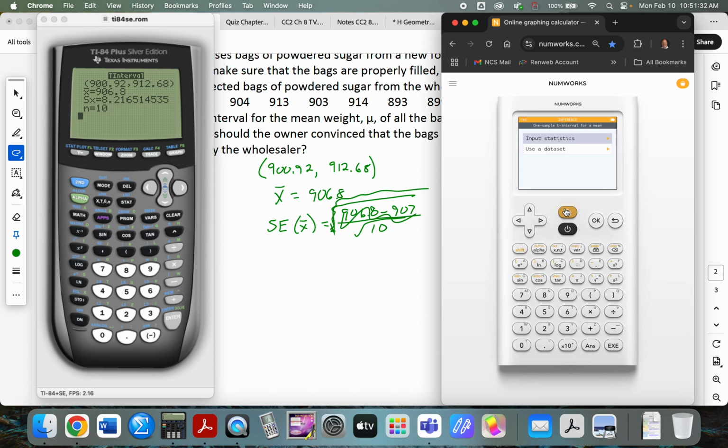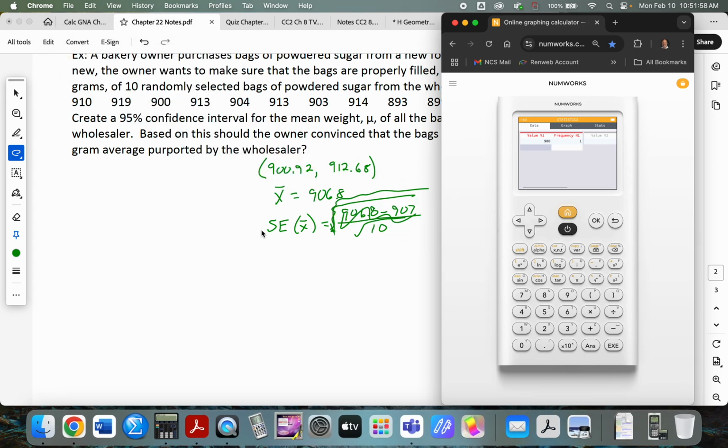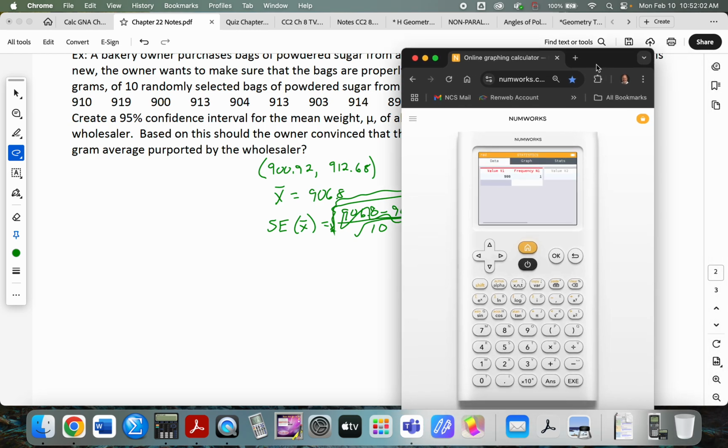We need to back out of this and input a data set. Back up on statistics. So we're going to enter all those. Do they have to be in order? The order's not important at all.